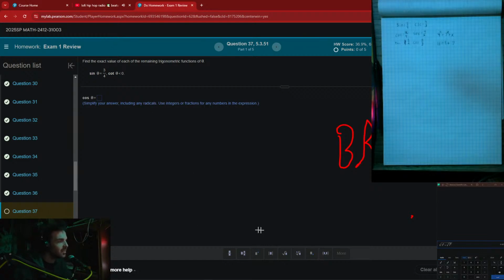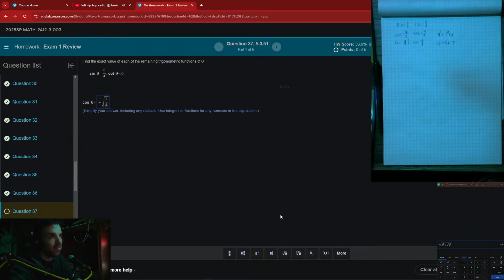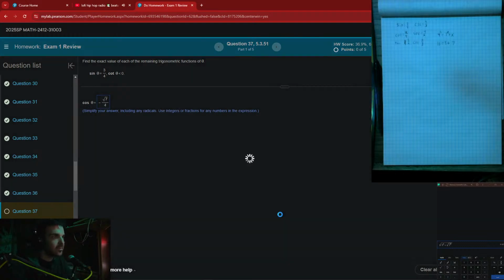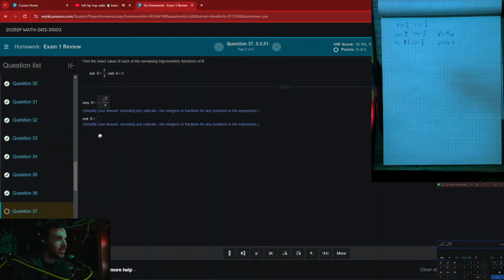It's got to be the square root of 7. I'm just going to send it. Let's see what happens. So that would make cosine negative square root of 7 over 4. Nice. So if that's true, then we already know the rest of it.